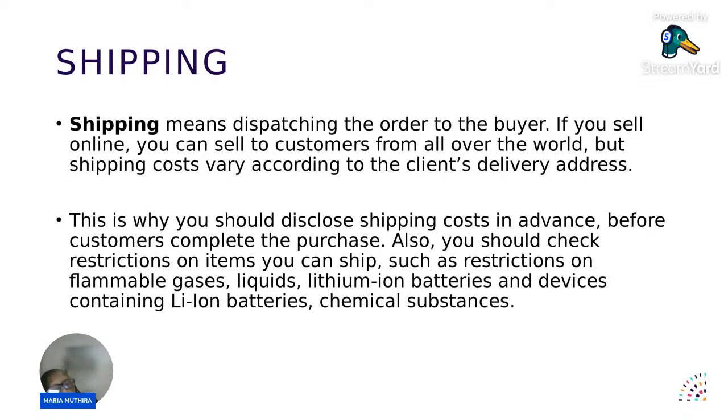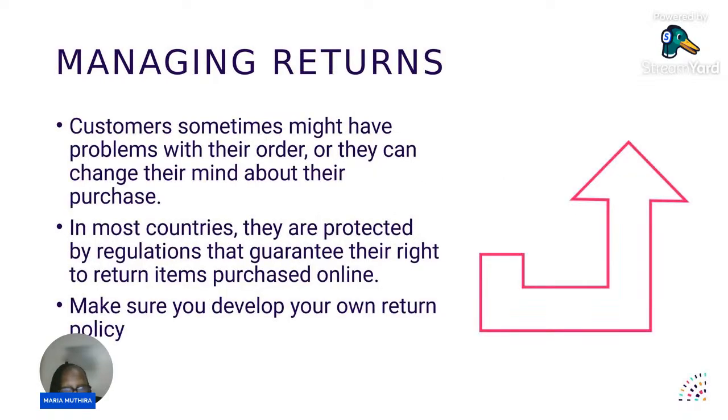So you should be able to identify if there are restrictions. If there are restrictions to shipping products overseas, especially when you are using sea, or even air, you should talk to your shipping service provider, and identify any restrictions.